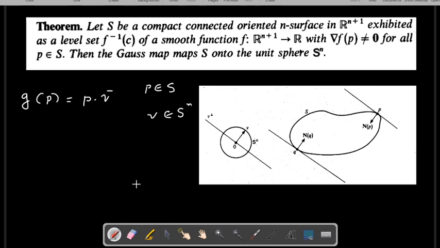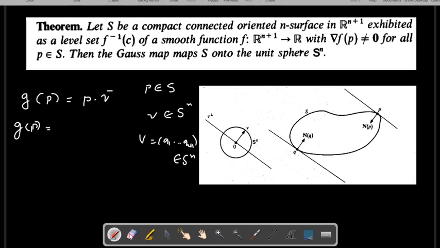So what it will come to actually, if I take my v as a1 a2 etc an plus 1, we are taking one point from S and that point is an element of Sn. So how can you write this then? G of p can be written as p dot v.